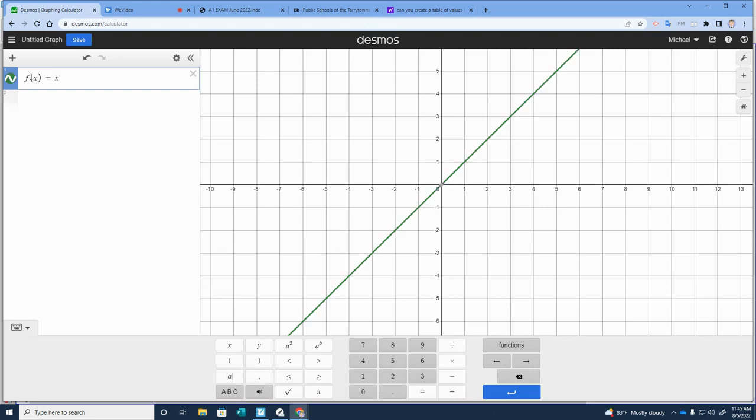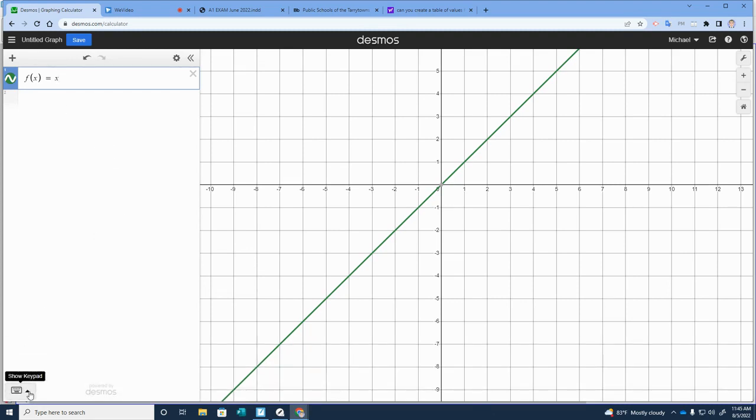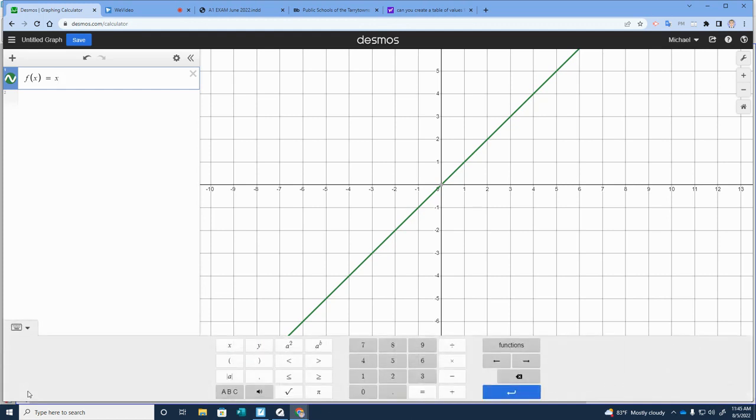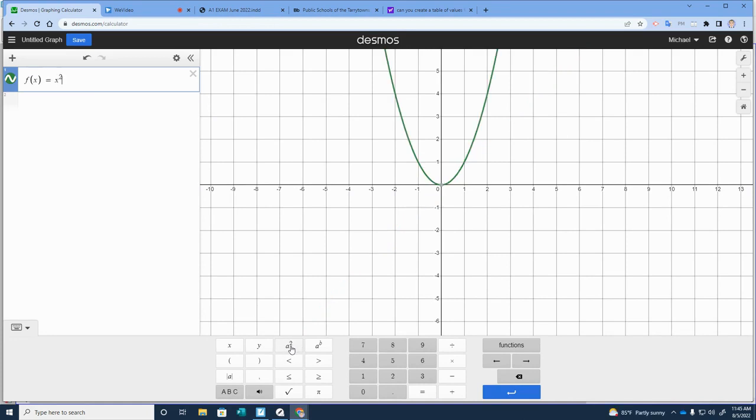Now, if I want to add a square or an exponent of 2, I'm going to go down here. Sometimes it's hidden, so you might have to click this little triangle to show the keypad. And I'm going to look for where it says a squared. That puts a little exponent of 2 there. So now I have f of x is equal to x squared.